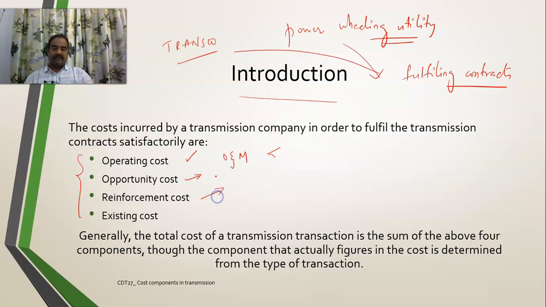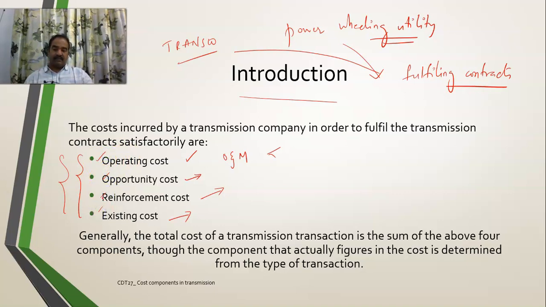Reinforcement cost, which includes the future expansion. Existing cost is the cost which has been incurred in erecting this infrastructure. So normally the final price of the transmission system is decided by these factors. And for different transactions which we have already mentioned, the impact of these costs will be varying.